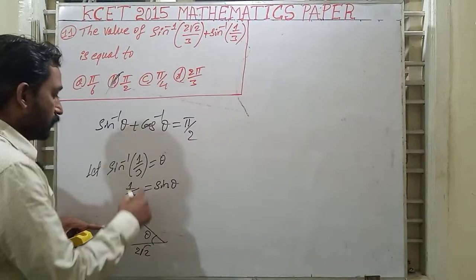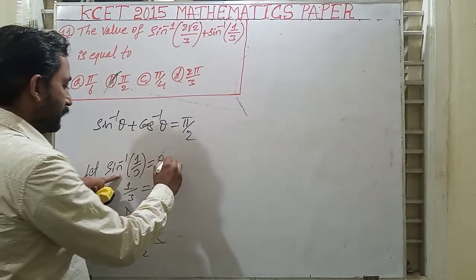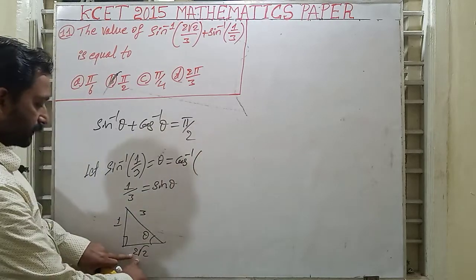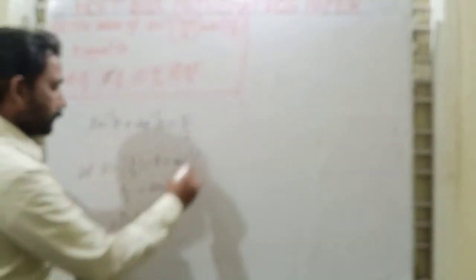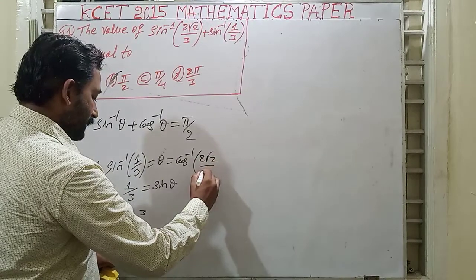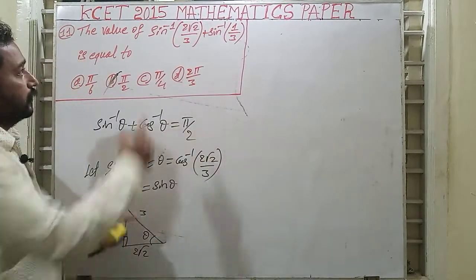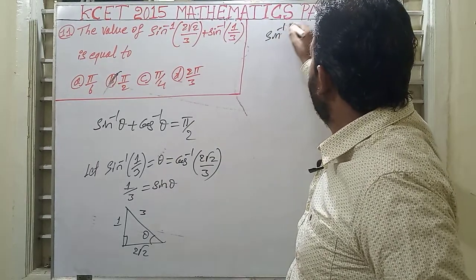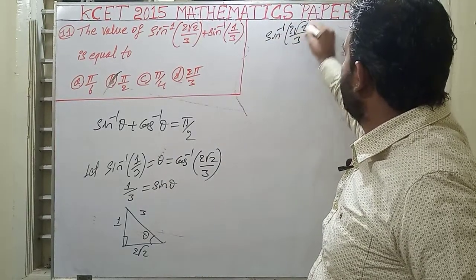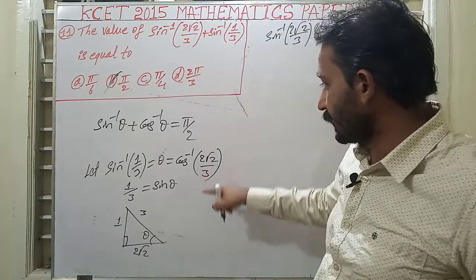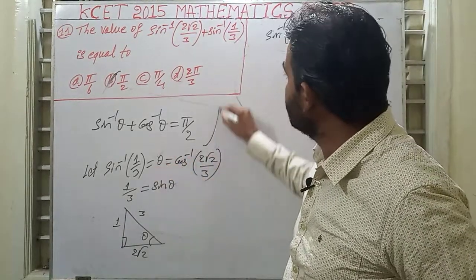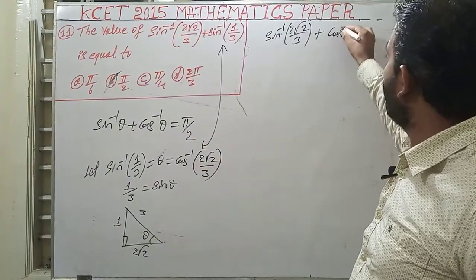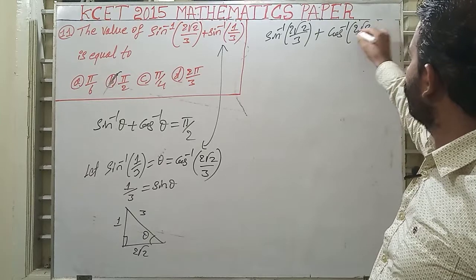So sin inverse of 1 by 3 can be written, according to this rule, as cos inverse of adjacent to the hypotenuse, 2 root 2 divided by 3. So now the value can be written as sin inverse of 2 root 2 by 3 plus cos inverse of 2 root 2 by 3.